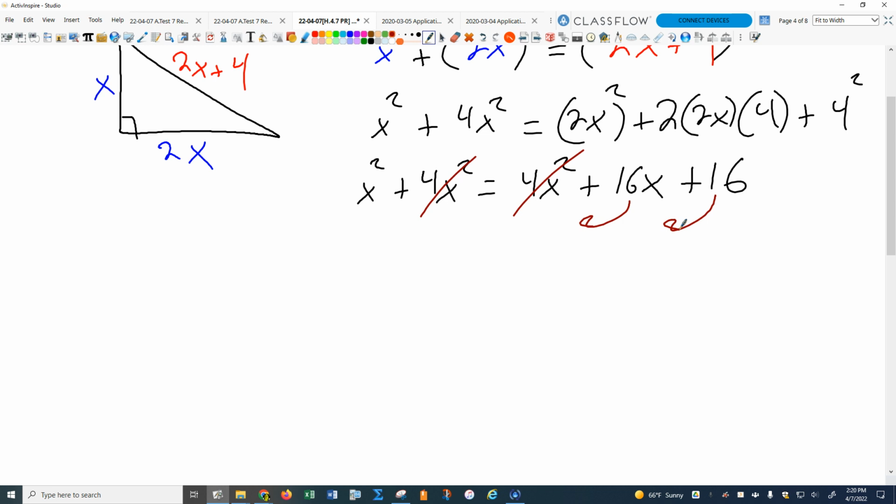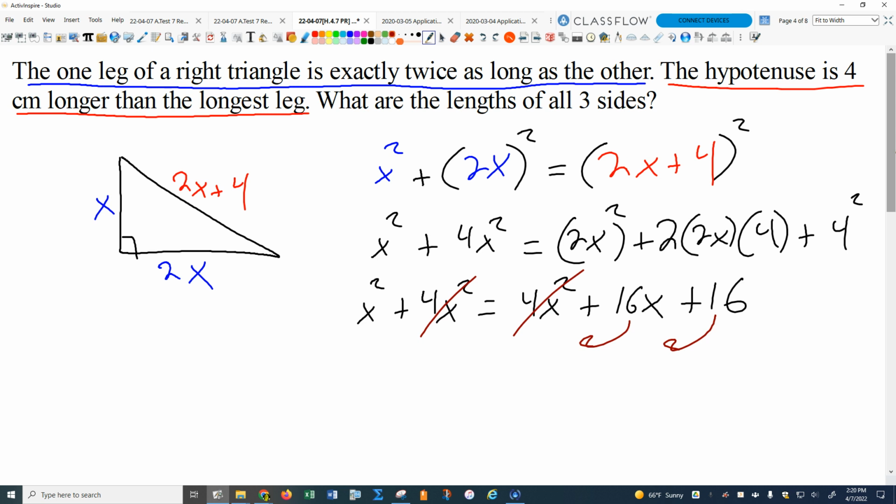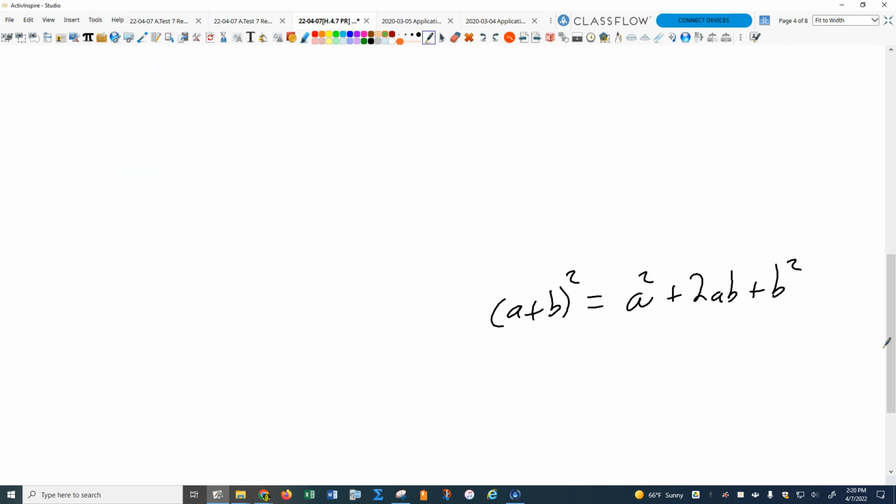Okay. So this part right here is probably the part people aren't sure about, right? What did I do here? That whole thing right there. All I did was I just squared that out. I used this pattern, but I didn't have to. We could just do it this way. We could just say 2x plus 4 squared is 2x plus 4 times 2x plus 4, right? And I could just FOIL.